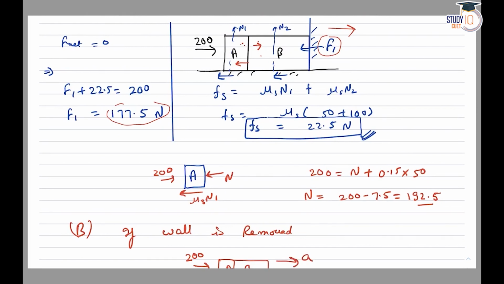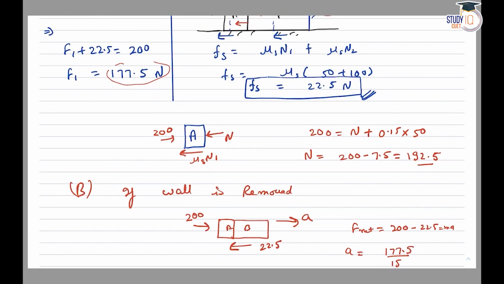The acceleration can be found for the complete system, where the net force is equal to 200 minus 22.5, which is equal to mass into acceleration. So the acceleration of the system comes out to be 177.5 divided by the total mass, that is 15. From this, the acceleration of the system comes out to be 11.83 meter per second square.